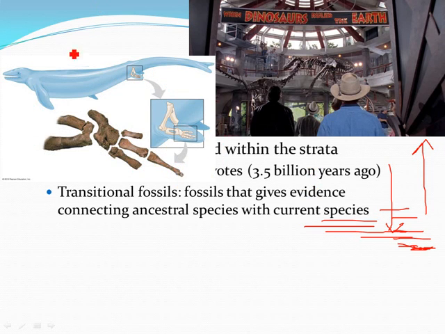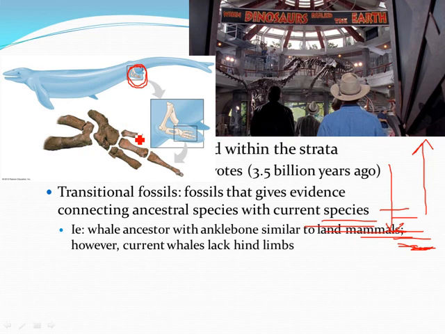So although current whales do not have any of these hind limb bones, this ancestral whale has these hind limb bones. So it gives us this evidence that at one point in time, the ancestor of the whales had these bones, and these ancestral whales came from land animals at some time, or at least quadrupeds. How do they know?